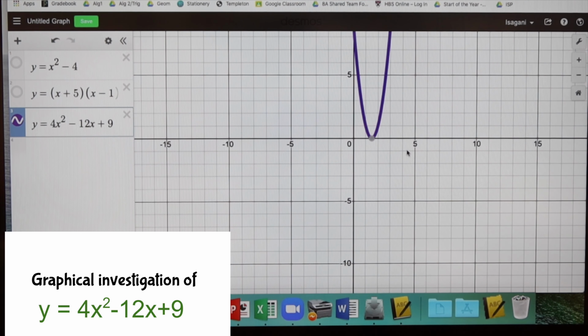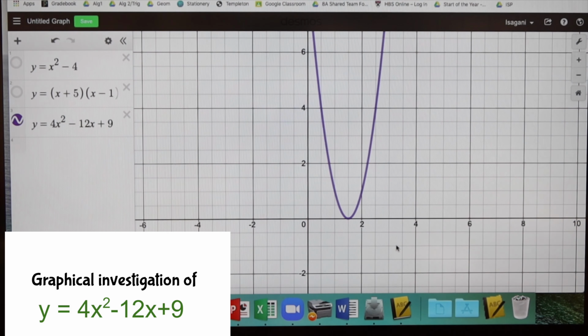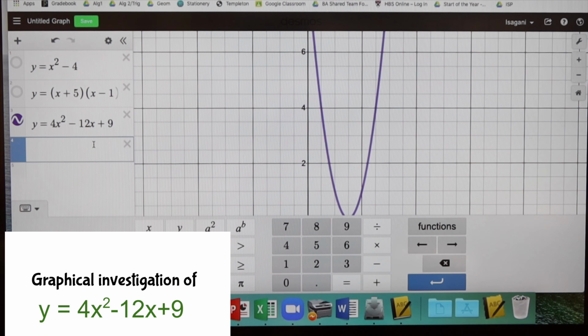If you look at the graph, we notice that the graph intersects the x-axis at only one point, at (1.5, 0). The vertex of this parabola is at (1.5, 0), and the line of symmetry is a vertical line passing through x is equal to 1.5. So the equation of the line of symmetry is x is equal to 1.5.